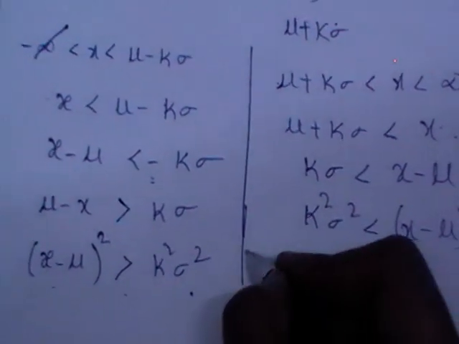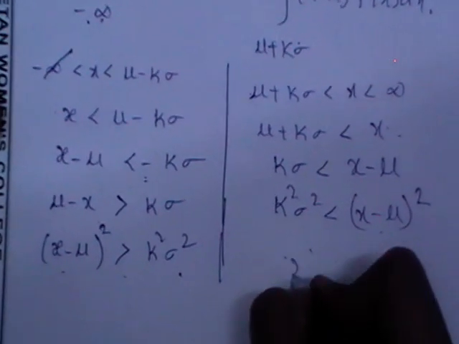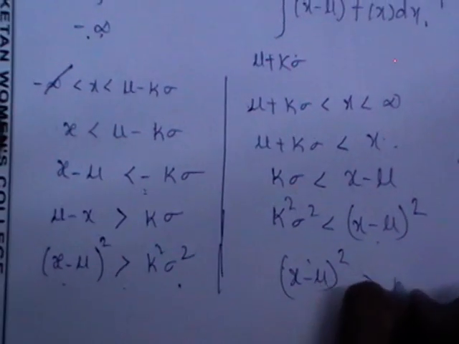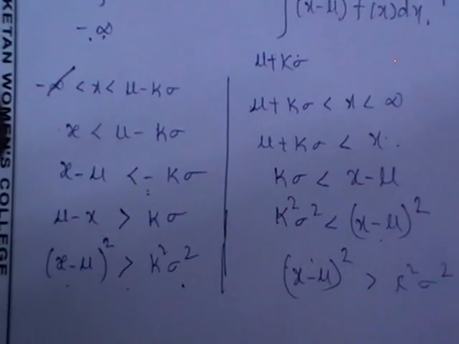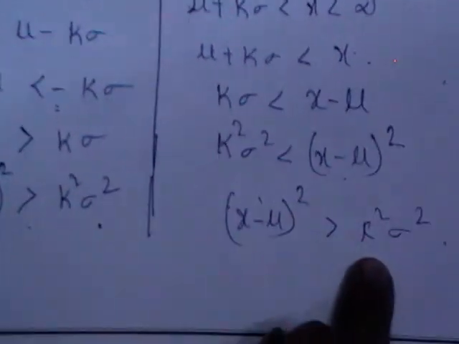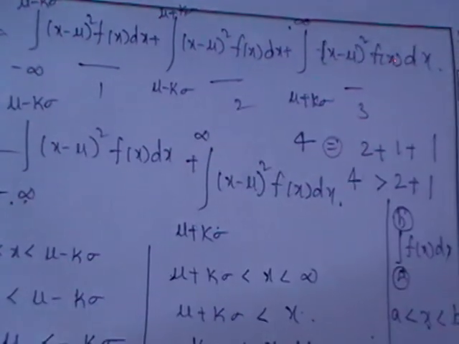In the second one also, x minus mu whole square is greater than k square sigma square. So you can write x minus mu whole square with k square sigma square here, and here also. Both are greater than, and the inequality remains the same.